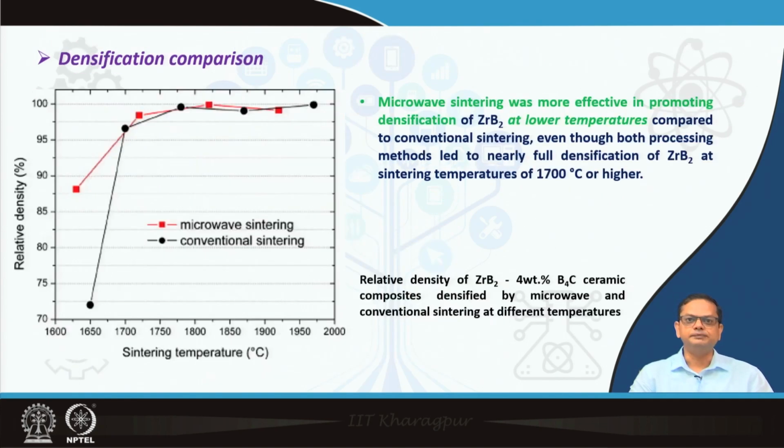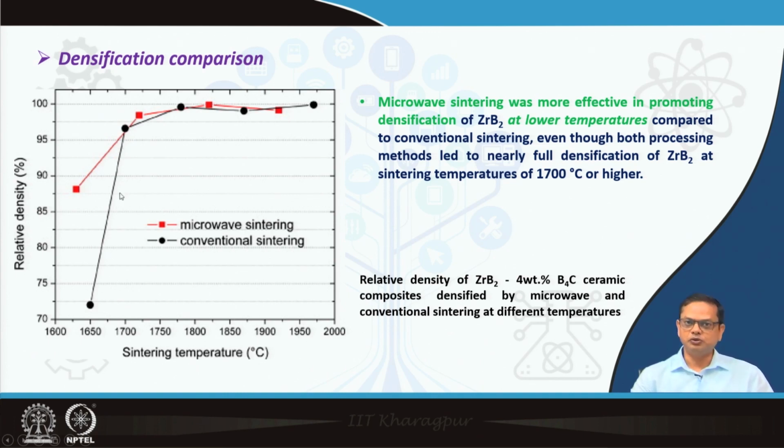Now, if you look at the initial densification study, compare the conventional sintering, which is shown in black color, and the red one, which is for microwave sintering. You can see that at lower temperatures microwave sintering shows higher densification than conventional sintering.